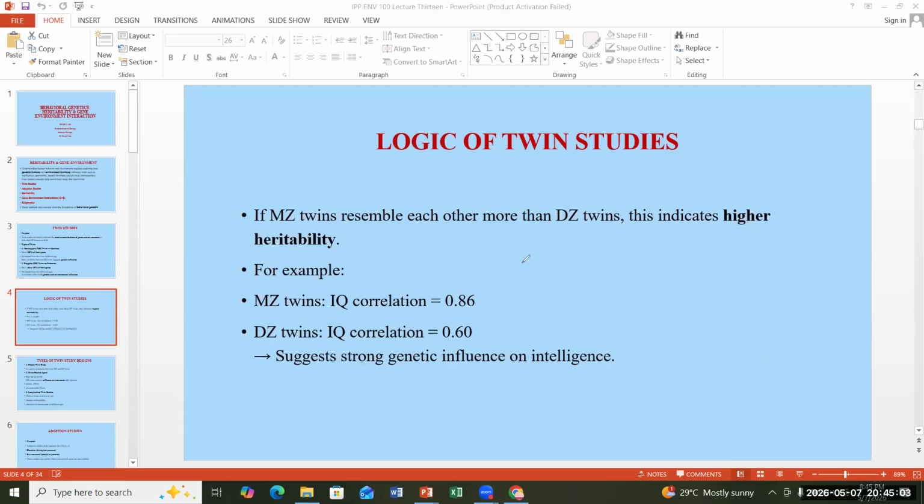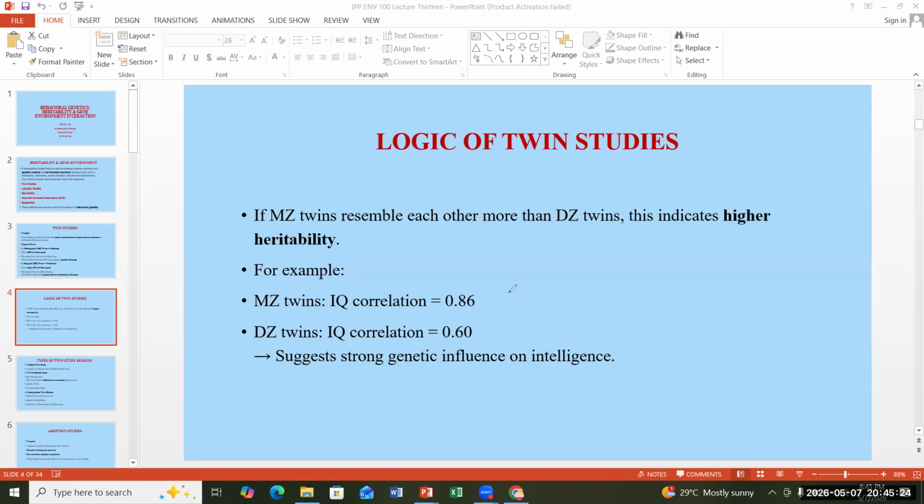Monozygotic IQ correlation is found to be 0.86. When we talk about correlation, the higher the value, it means that the two things are much more interrelated. And in dizygotic twins, the intelligence quotient correlation is 0.60. You don't need to learn the values.